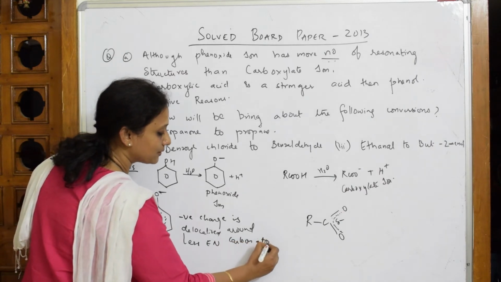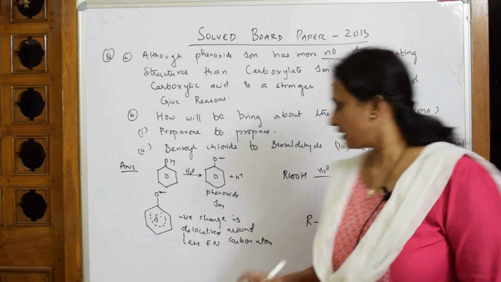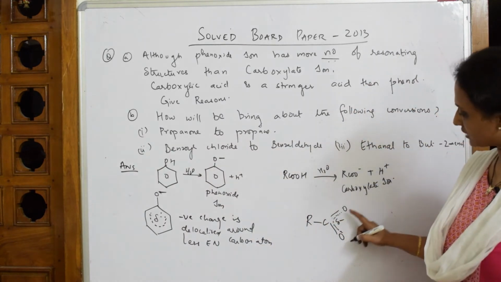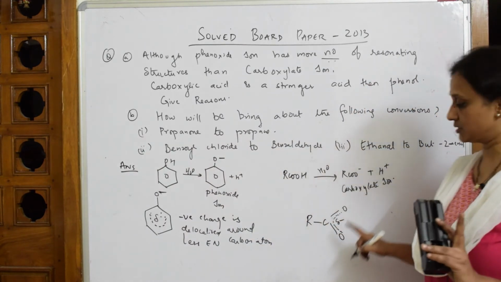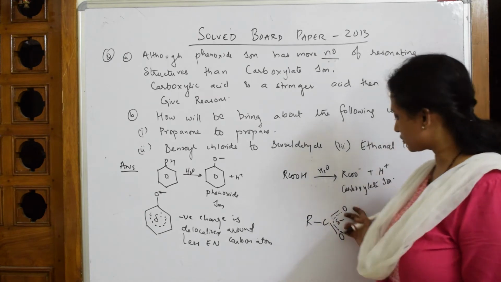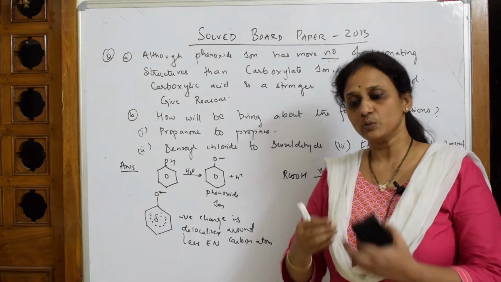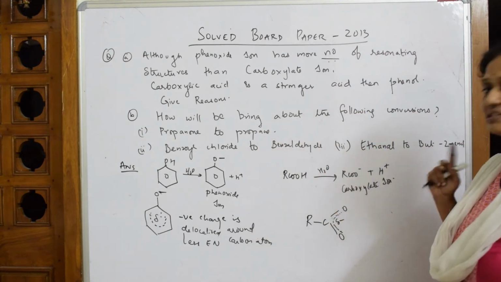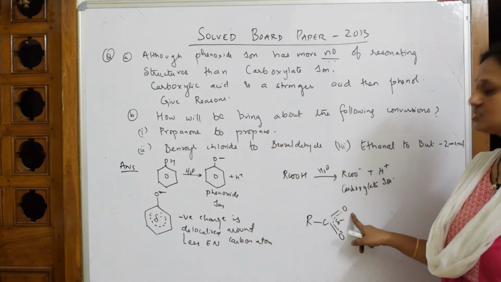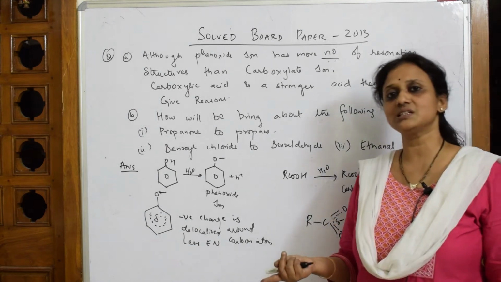This is a simple thing. Now carboxylate ion. Here the negative charge is delocalized around two oxygen atoms, very highly electronegative. Oxygen is more electronegative than carbon. So the drag in the molecule starts. When there is a drag in the molecule, it can easily release that H plus. If it is easily releasing H plus, isn't it more acidic than phenol?